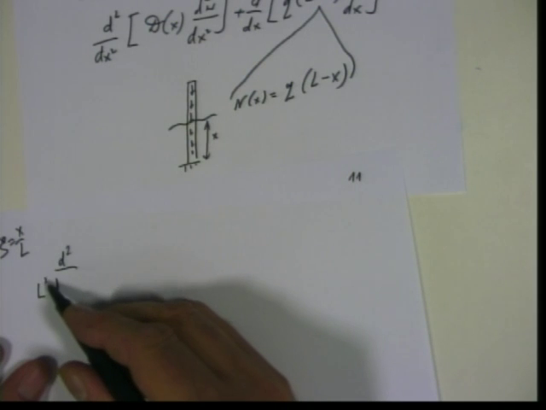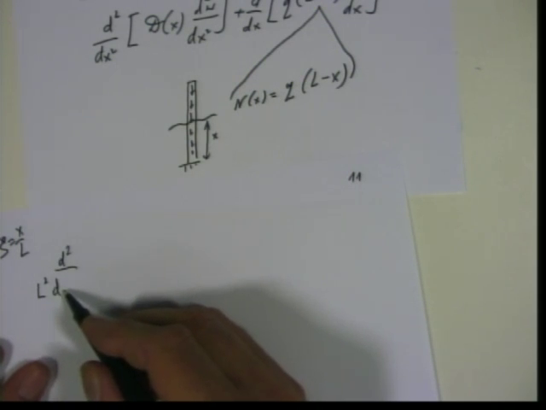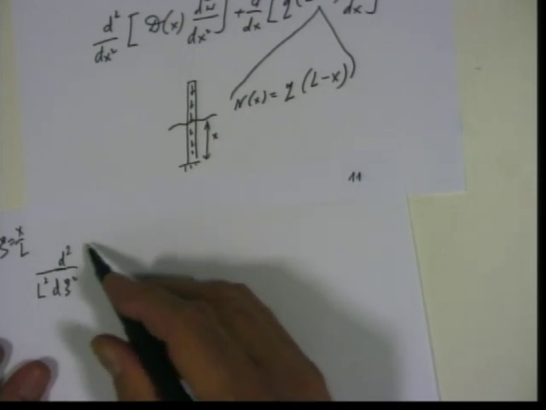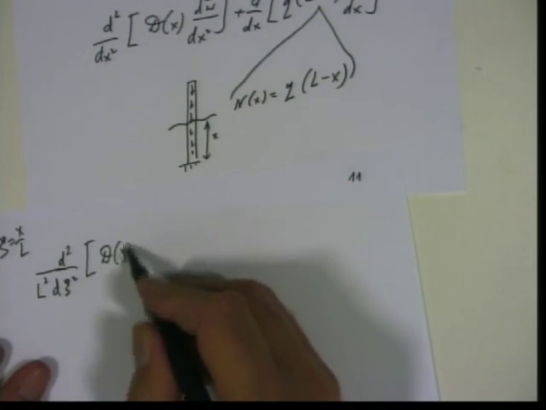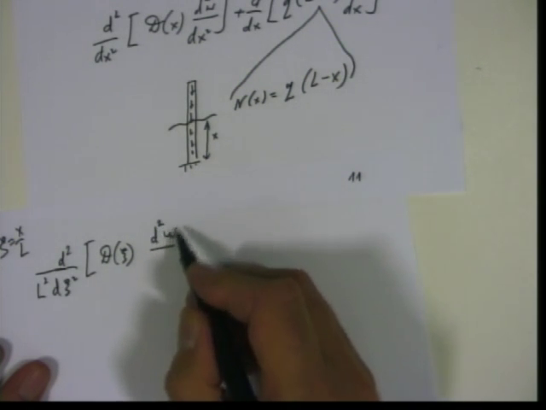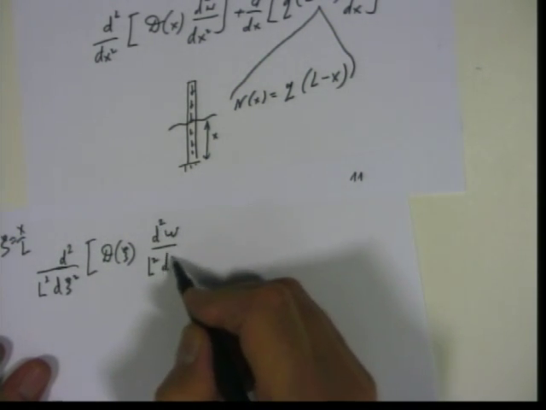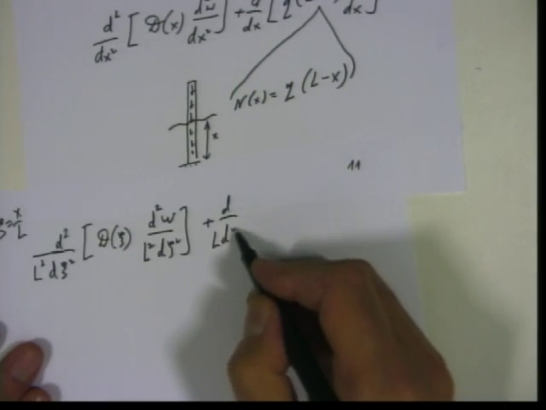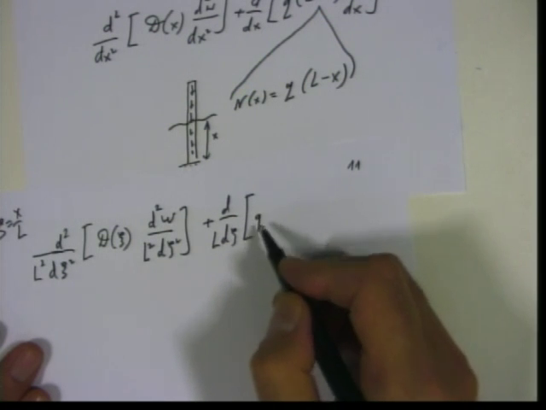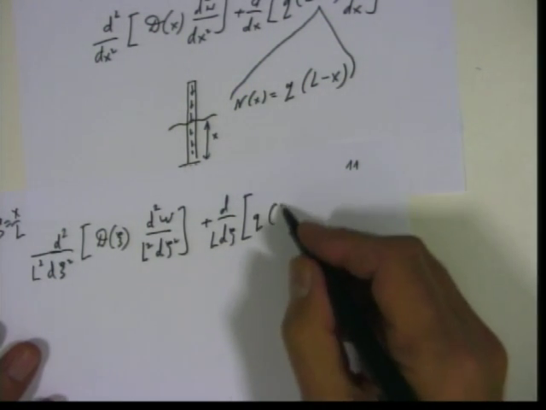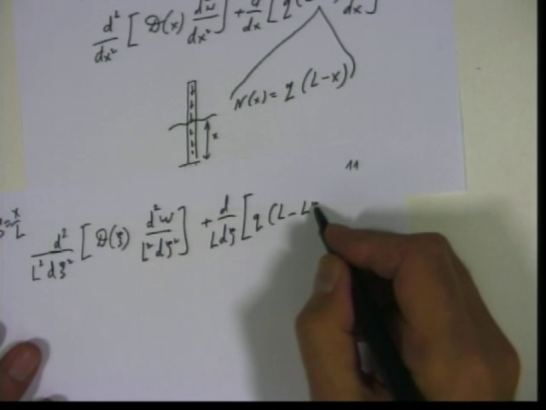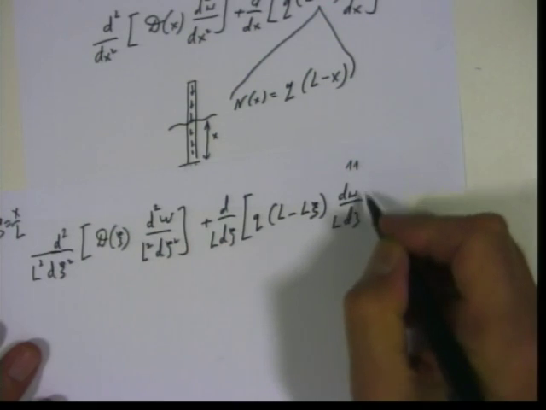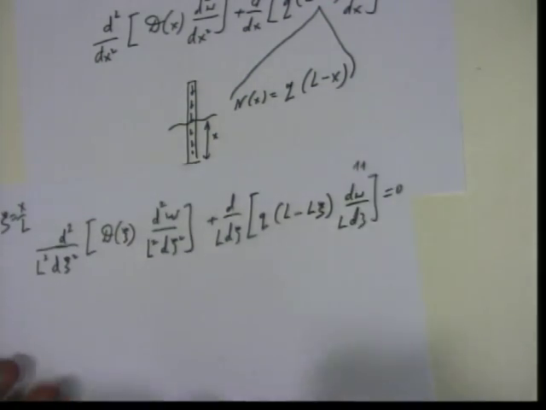So then it will be L squared d2/dpsi2 of (psi) d2w L squared dpsi squared plus d/L dpsi of q(L minus L psi) dw/L dpsi equals 0.